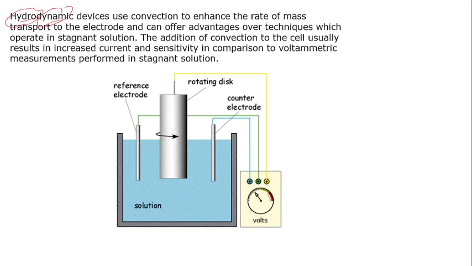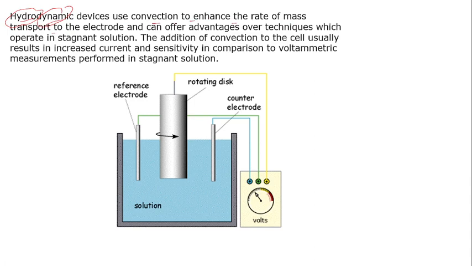So here your electrolyte or your analyte is moving. How can you move your electrolyte? Either you can stir the solution or you can rotate your electrode, so the electrode itself works as a stirrer. These are known as hydrodynamic devices, which use convection to enhance the rate of mass transfer.